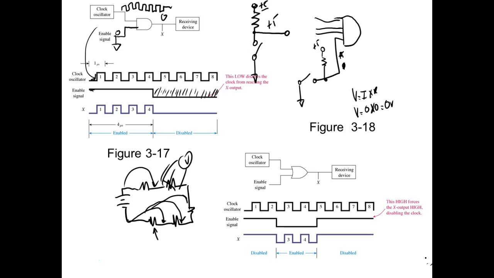How much would I measure across a switch if it's closed? How much resistance does a switch have? Okay, it has none. V is equal to I times 0. So how much does a closed switch drop?